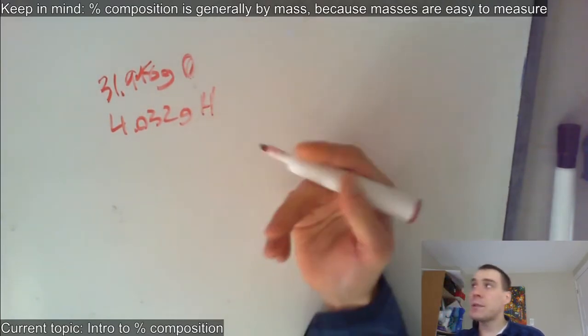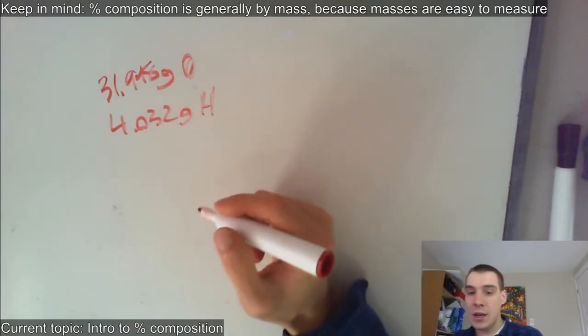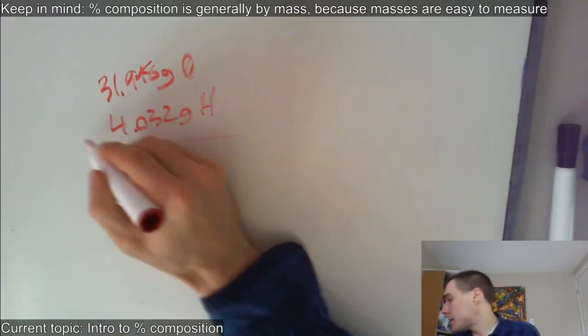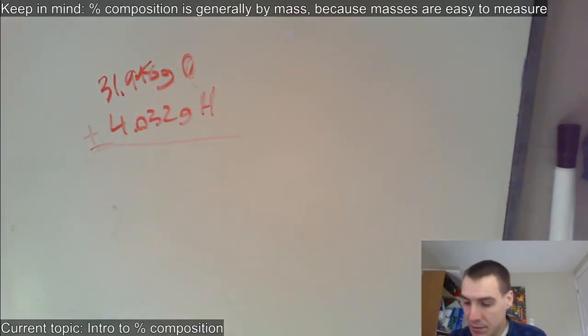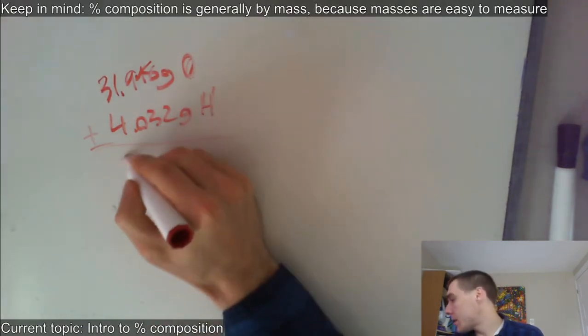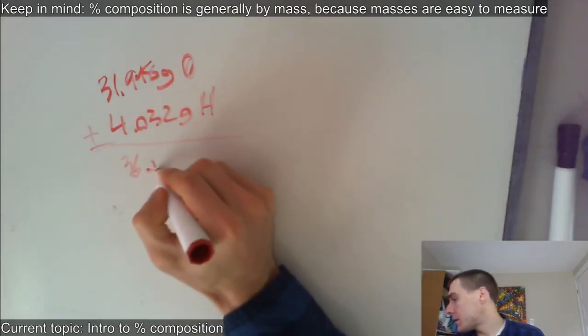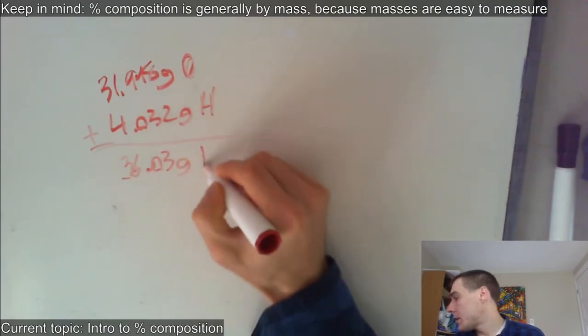You could work out a percent composition from this. The whole compound, if you add this together, 31.998 plus 4.032 is 36.03 grams total.